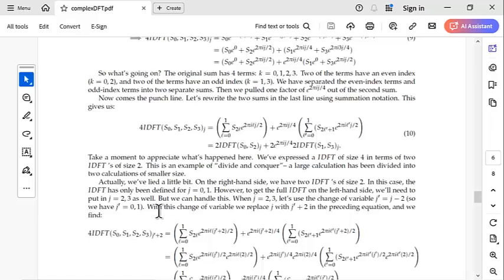So j prime is 0 and 1, so we're still summing over 0 and 1. And then j will be j prime plus 2. If I want to get j equals 2 and 3, I take j prime equals 0 and 1 and add 2. So I just replace the j here with j prime plus 2, and then j prime is 0 and 1.